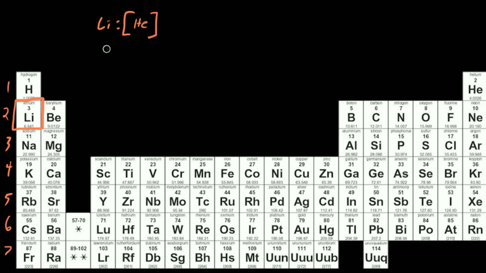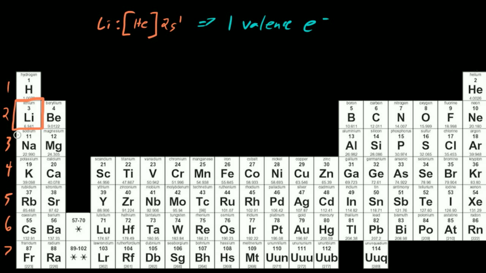So on top of helium, the only extra electron that lithium has is 2s1. It goes into our 2s orbital. Remember that all of helium's electrons are 1s electrons. So how many valence electrons does lithium have? Well, it's got one valence electron.